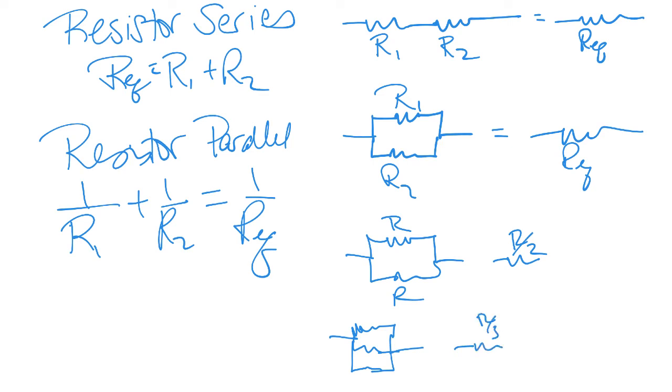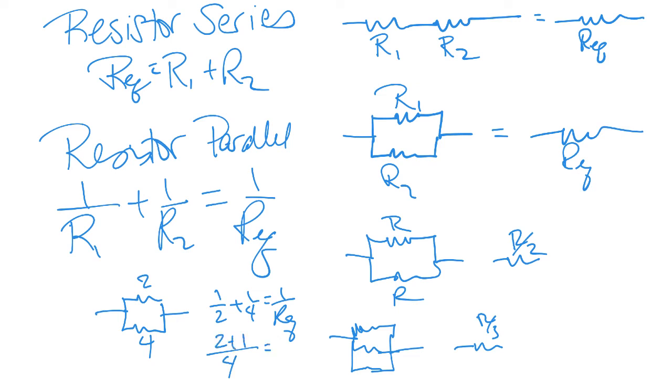Hopefully that's the kind of thing they would have you do. If it's like 2 and 4, that's also something they might have you do. So 1 over 2 plus 1 over 4. So 4 is 2 plus 1, so our equivalent here is 4/3. It's always smaller than either of them.